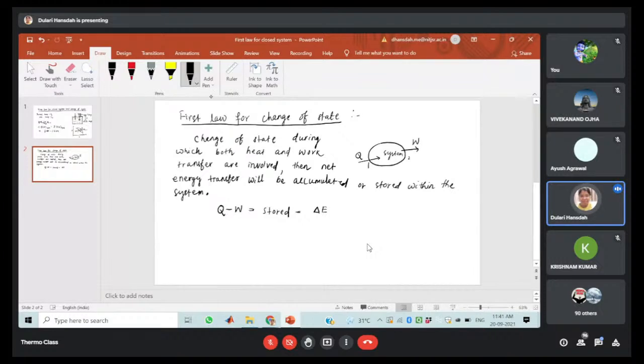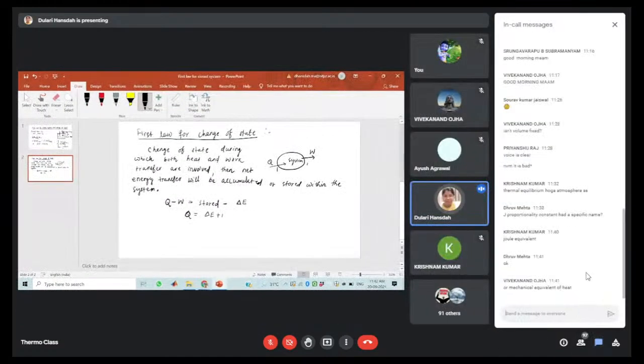So if you are considering only the change of state, so in that case, your net energy transfer will be Q minus W is equal to your delta E. Okay, so delta E is nothing but it is the increase in the internal energy or increase in the energy of the system. So this equation again we can write as Q is equal to the delta E plus W.